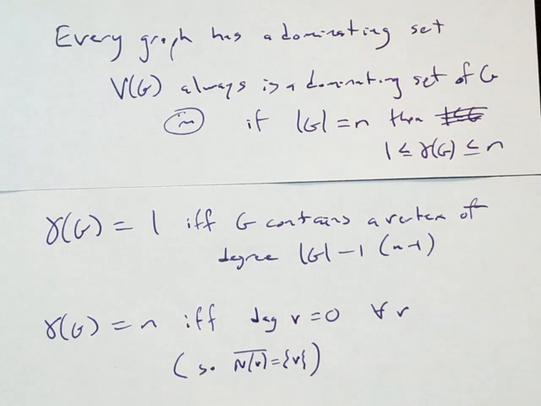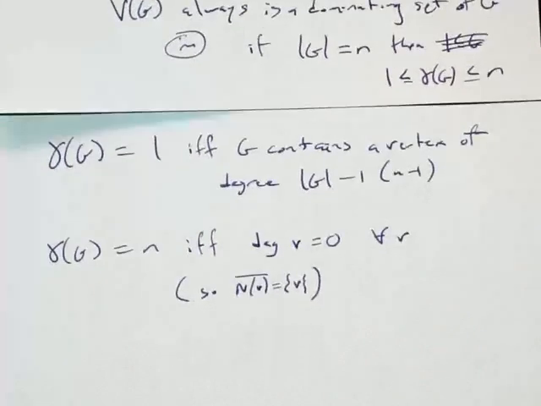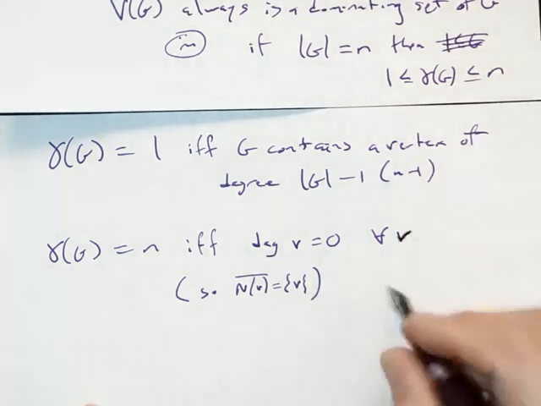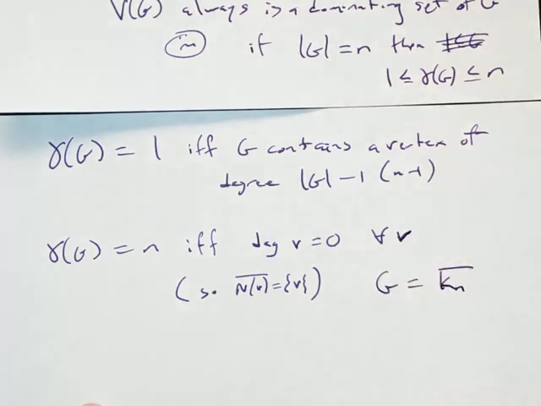I'm stealing that notation from topology. A closed set. We did that in Calc 3 as well. Talked about closed disks with a little bar over them. The other way to think of that is to say, oh, my graph has no edges at all, right? So it's the complement of Kn. And unfortunately, that's where I use the same symbol for two different things in the same sentence. Okay.